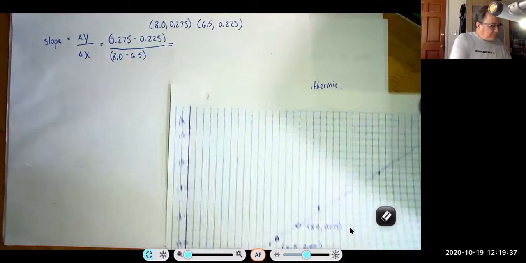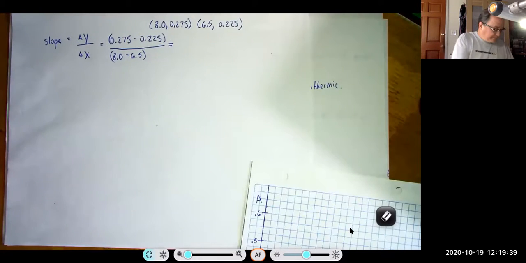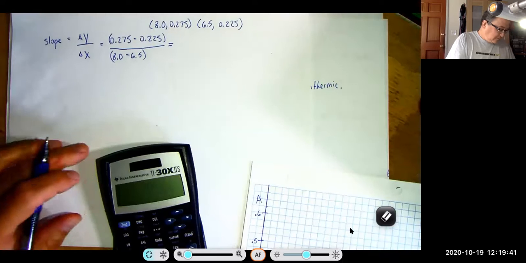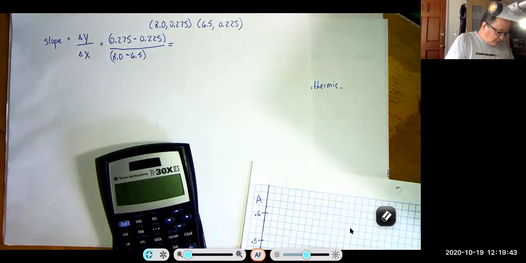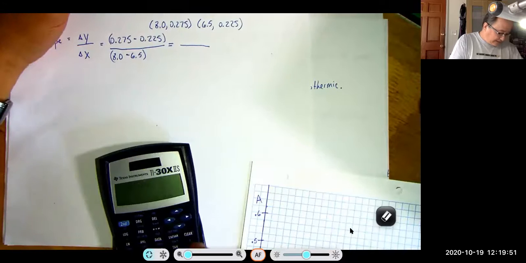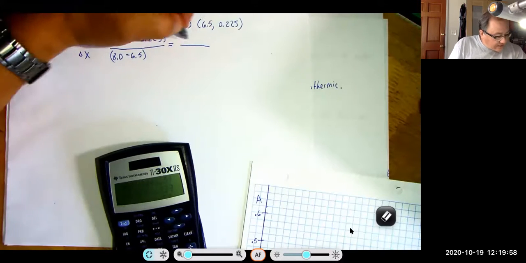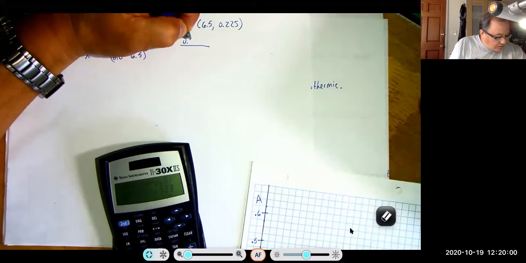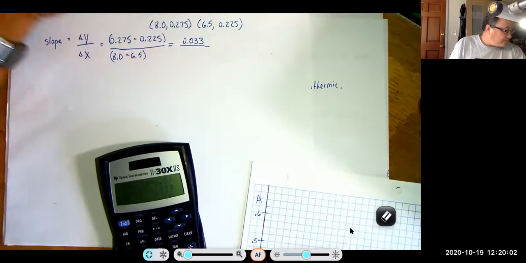So let's see what we get here. 0.275 minus 0.225, and then divided by parentheses 8 minus 6.5. So I get 0.033.